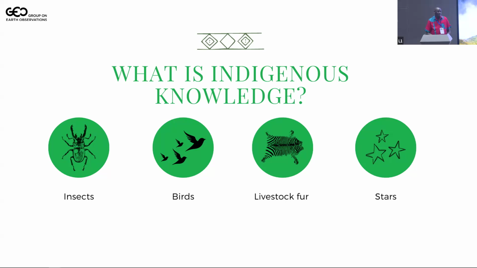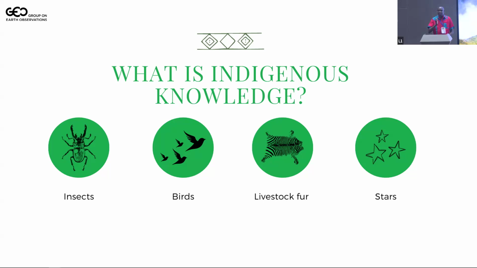If you look at some of the traditional knowledge that we have, at the beginning, if the elders see birds or wildlife moving toward a certain direction, or livestock behaving in a certain way, they know that possibly there is hope, there is rain in that particular direction.